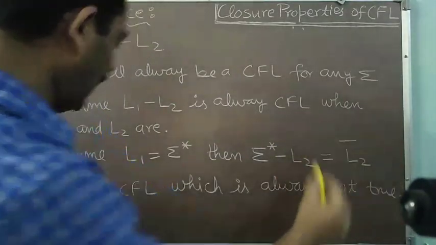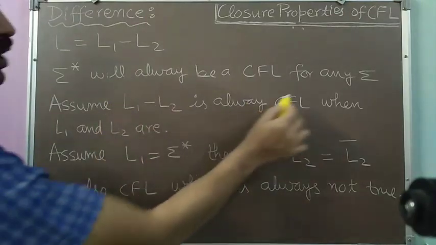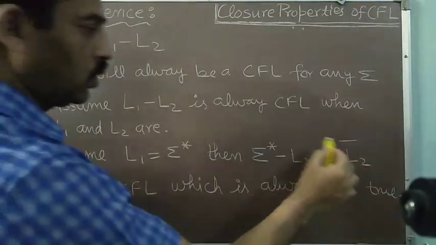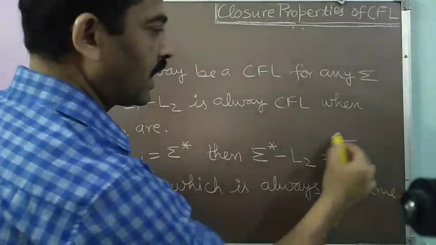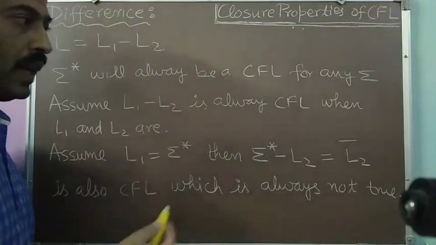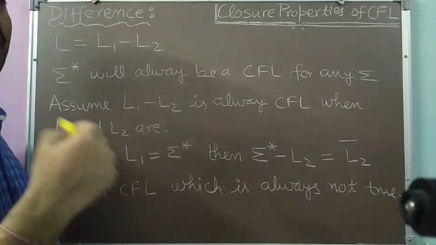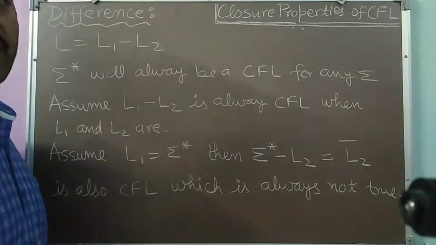So it is showing that L2 complement is also context free, because we are assuming that L1 minus L2 is always context free, which we know is not true. We have just proved that the complement of a context-free language is not necessarily a context-free language.